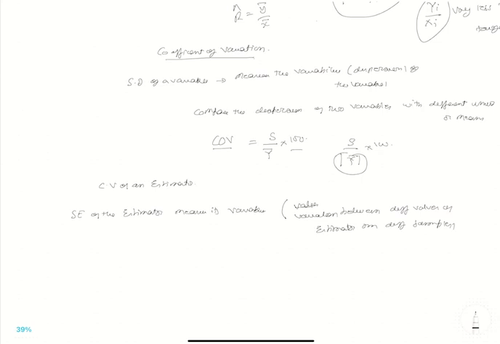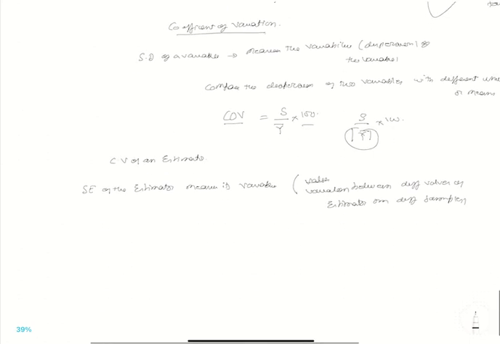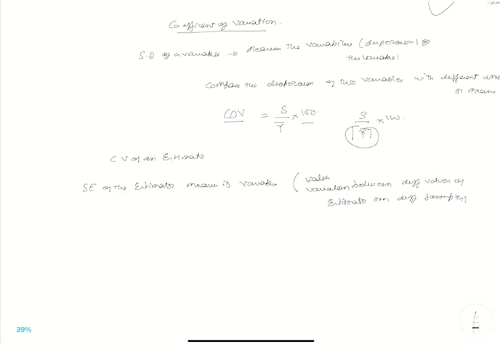So standard error can indicate the precision of the estimator, but if we want to compare two estimators, we can use their coefficient of variation instead of the standard error. So coefficient of variation is just the standard deviation divided by the mean, and it is a unit free indicator of the relative precision of the estimator, and it shows the variability relative to the mean.